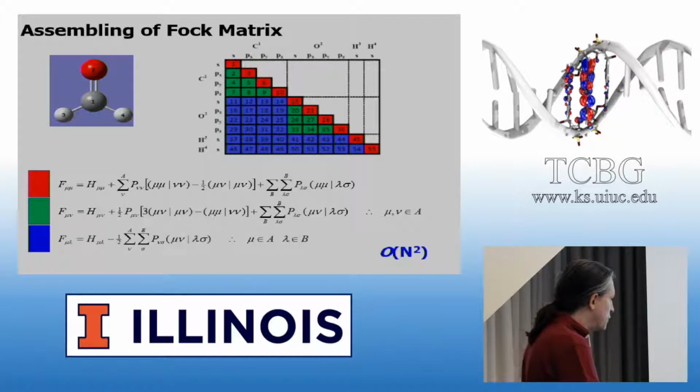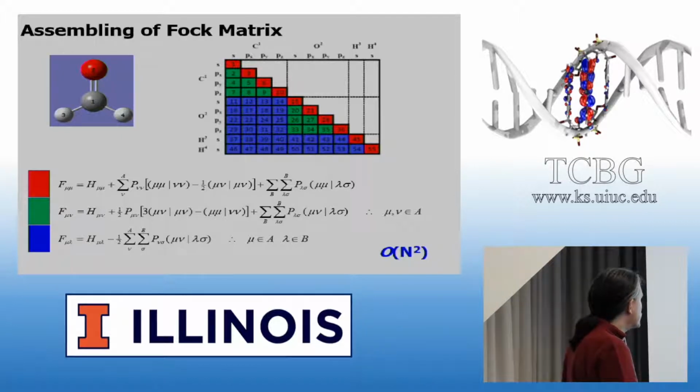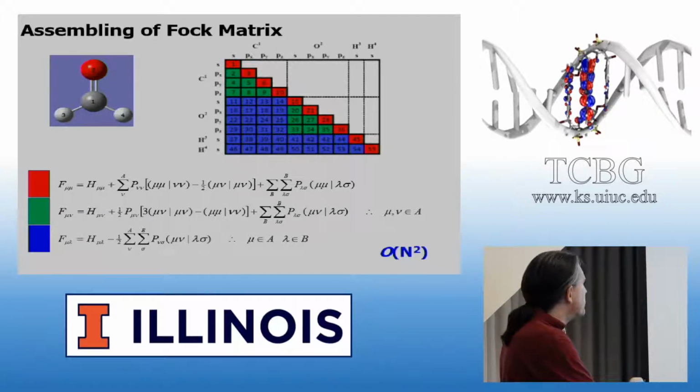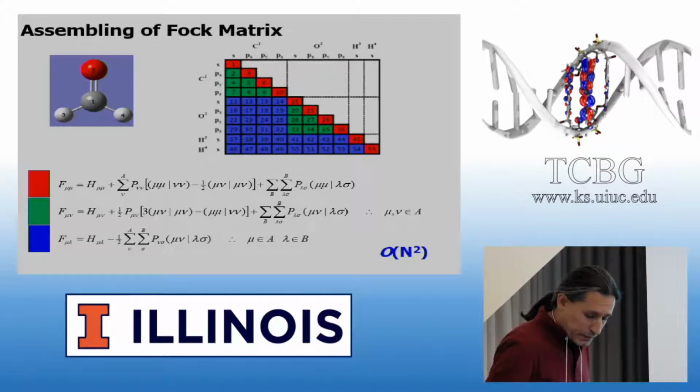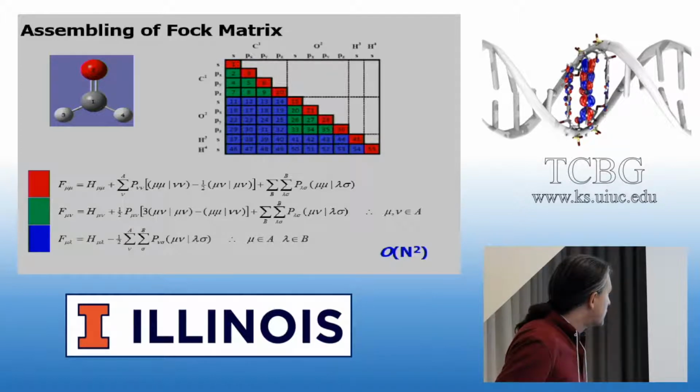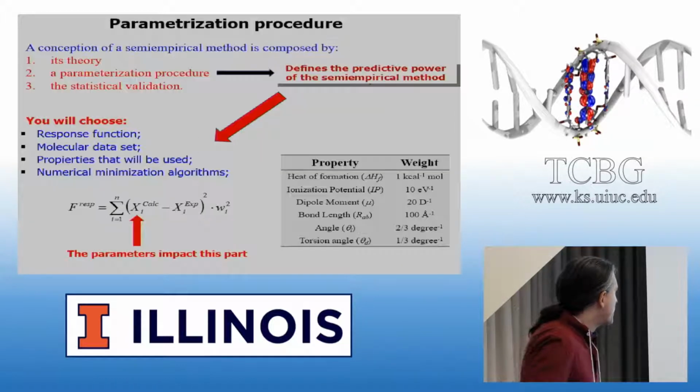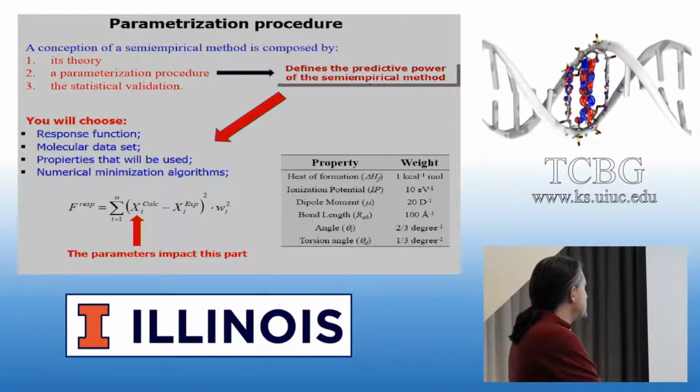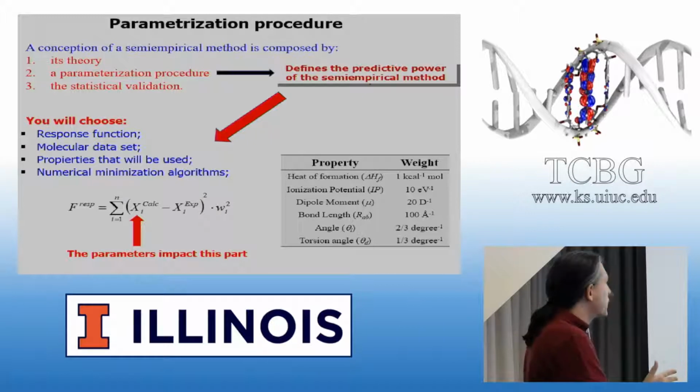This type of element depends on the two-electron integrals up to two centers in this theory. Well, the parametrization procedure is the key point of the semi-empirical method.